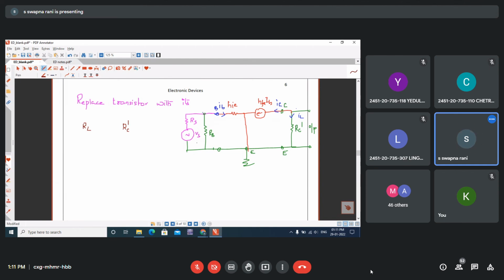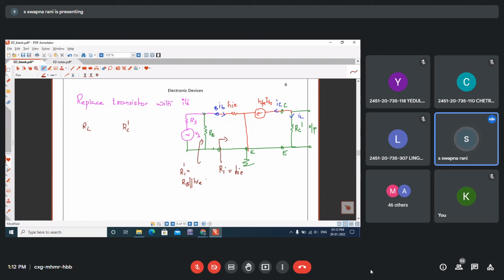So if I look into the input, if I look into these terminals Ri, then I could see only HIE. కాబట్టి Ri is HIE. RB కూడా ఇక్కడి నుంచి చూస్తే, if I see from here, then I can write Ri dash as RB in parallel with HIE.